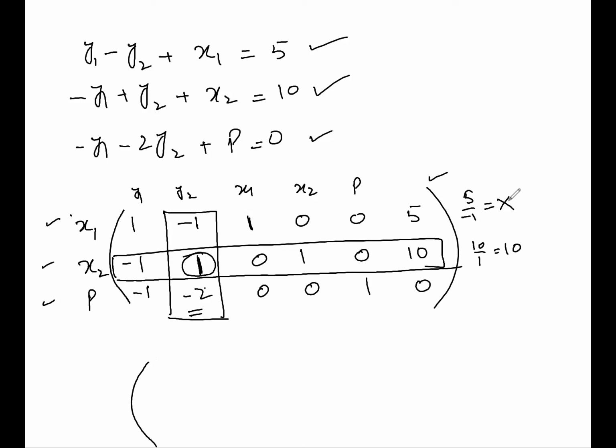I write this matrix once again for your better understanding, so it would be easy for you. So the matrix was 1, -1, 1, 0, 0, 5; -1, 1, 0, 1, 0, 10; -1, -2, 0, 0, 1, 0.